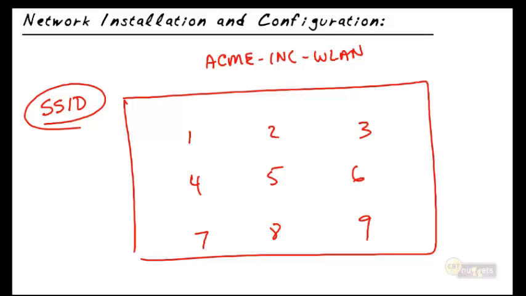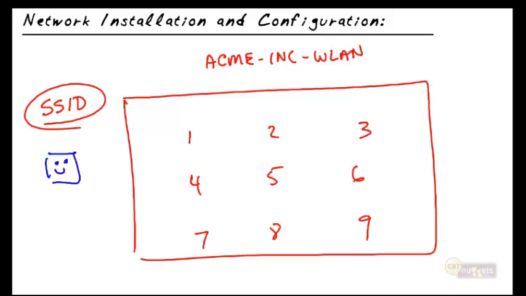Well, a couple guidelines for planning is that if we want the user, so here's the happy PC, it's a laptop that's going to be walking around maybe, we want him to have full coverage everywhere. So we're going to want to have coverage at least like 15% overlap as far as the actual range of the access point. Not the frequency overlap, but the range of where they cover.